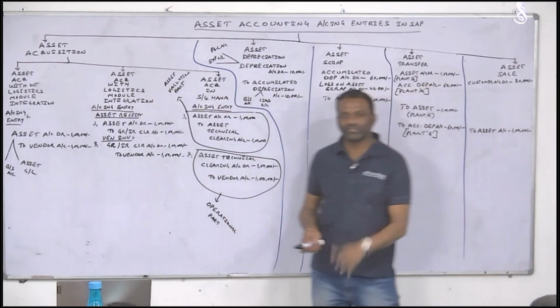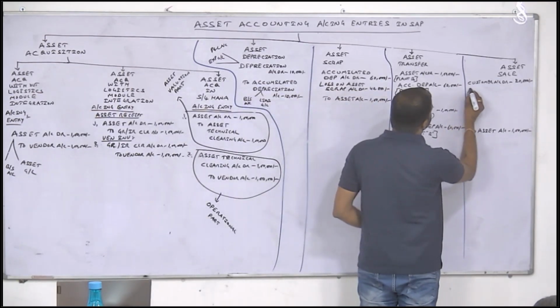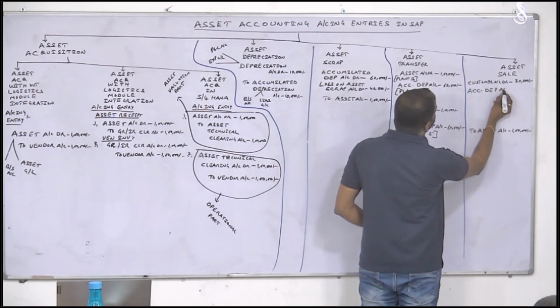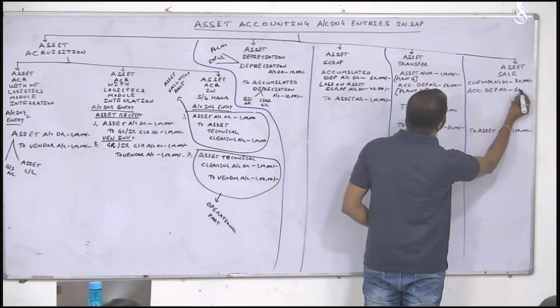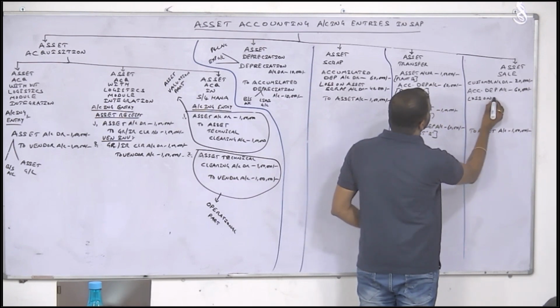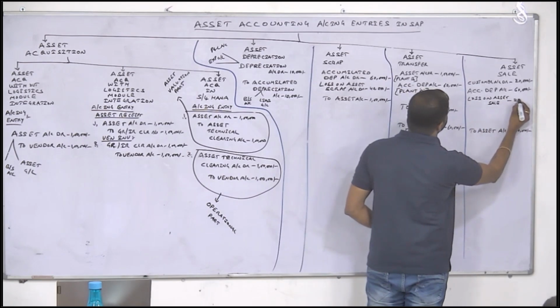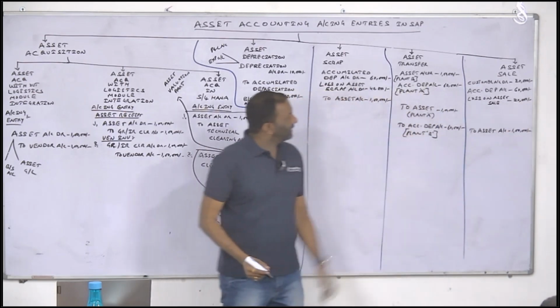Tell me, to whom you are selling? To the customer for 20,000, right? Till that point of time we have calculated accumulated depreciation, just assume 60,000, and then loss on asset, 20,000.